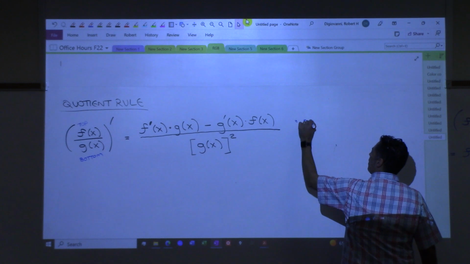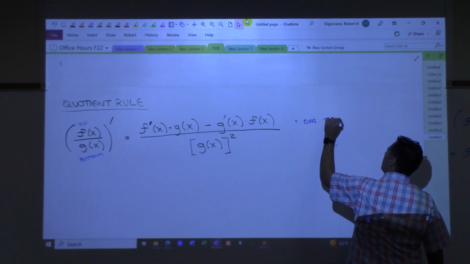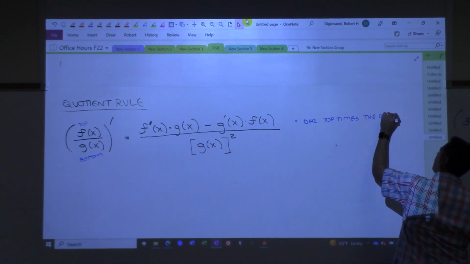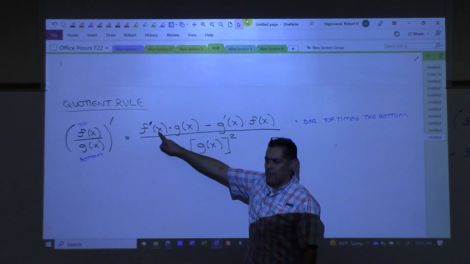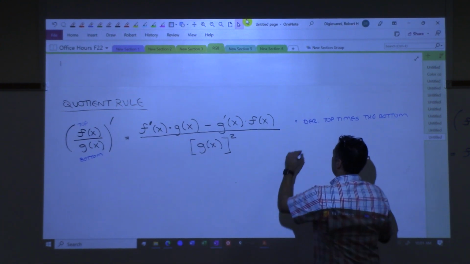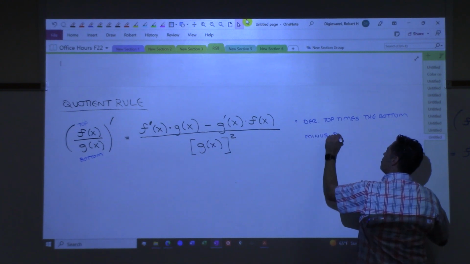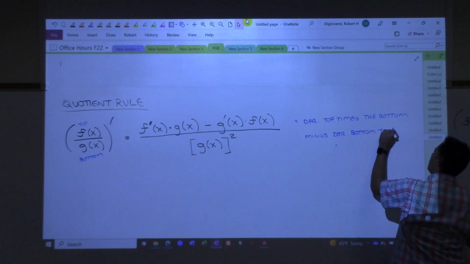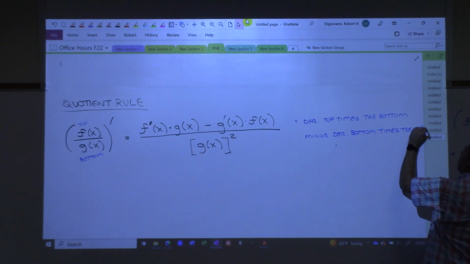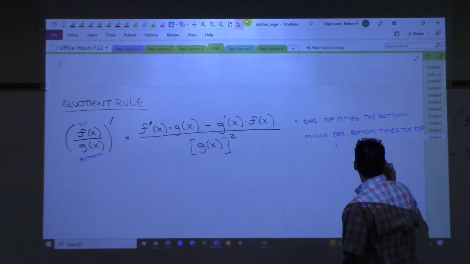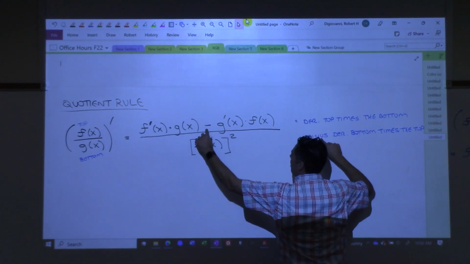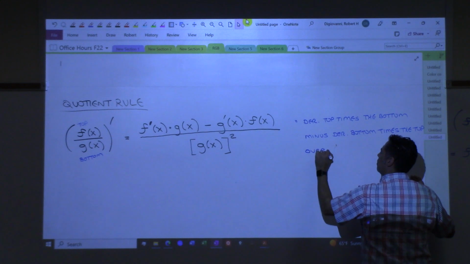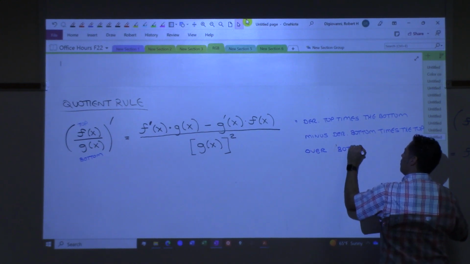We're going to take the derivative of the top times the bottom, minus the derivative of the bottom times the top. I know this is a lot of words to remember, but you'll burn it in eventually. Derivative of the top times the bottom, minus the derivative of the bottom times the top, and then over the bottom squared.